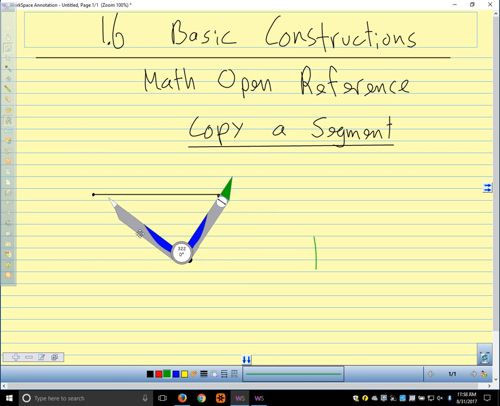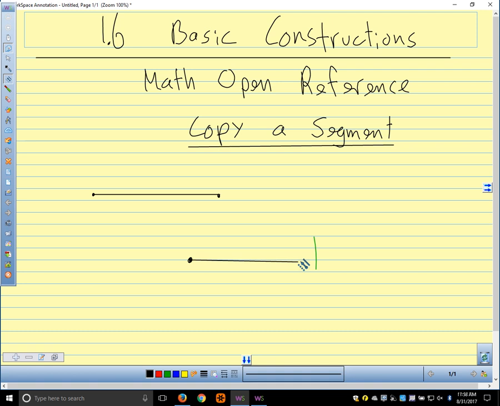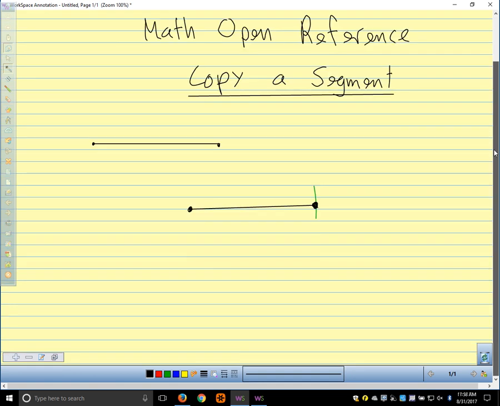So now what we've done is we've made sure that this segment is the same as that distance. So now I can grab my straight edge. I'm going to grab my straight line tool, connect that point to anywhere on that arc, and there is a new segment that's going to be exactly the same length as the other segment. So that's our copy a segment.